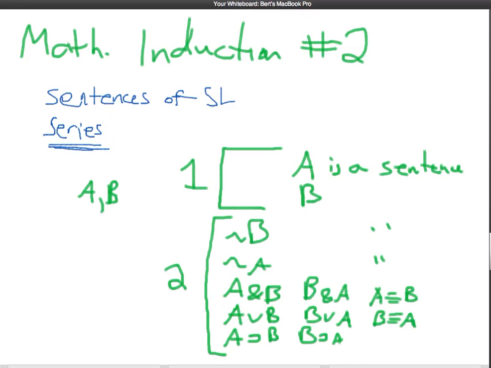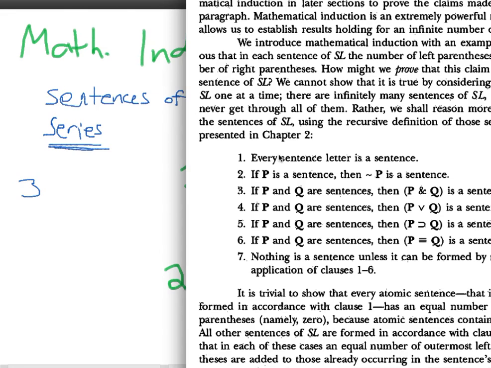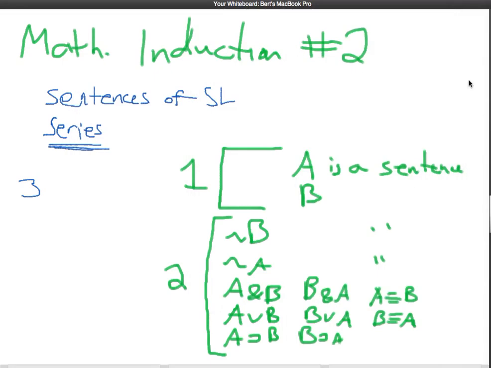Stage 3 is where it starts getting a little bit big, and I won't write them all out, but you can think about stage 3 as using all the sentences from stage 2 and from stage 1, and using rules 2 through 6 again to build the next set of sentences.